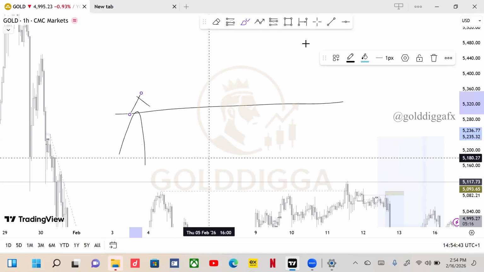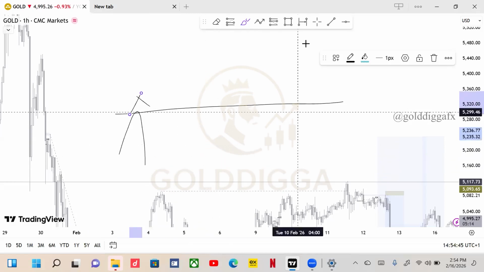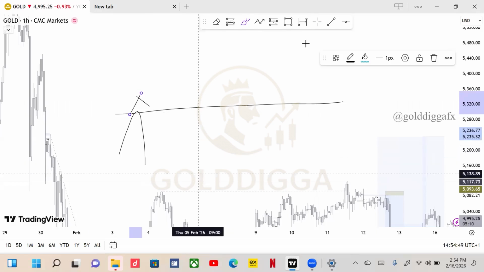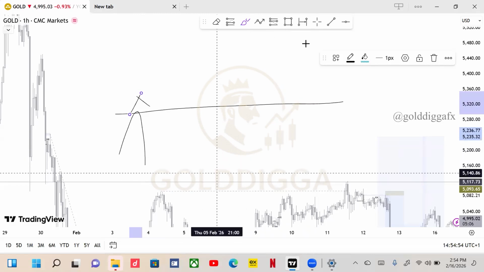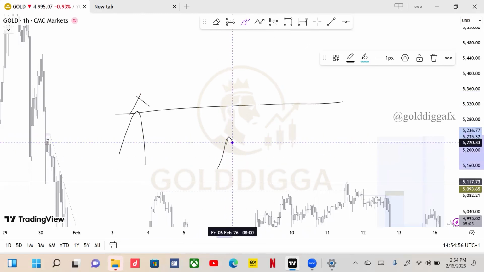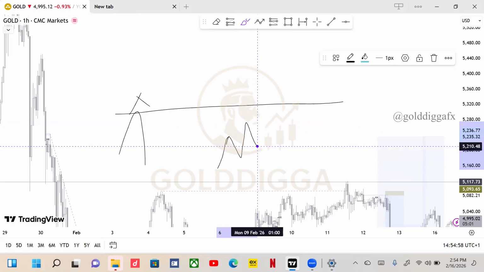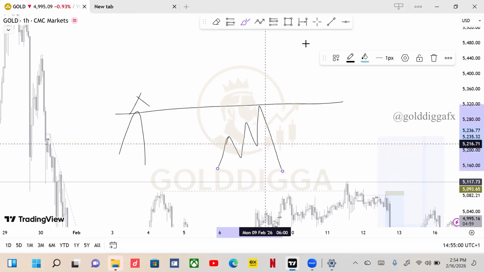So let's say you have a reversal trend line, which will be price making highs and higher highs all the way till it touches there, then you expect a drop, something like this. So this will be your first point, second point, and the third touch is the entry.